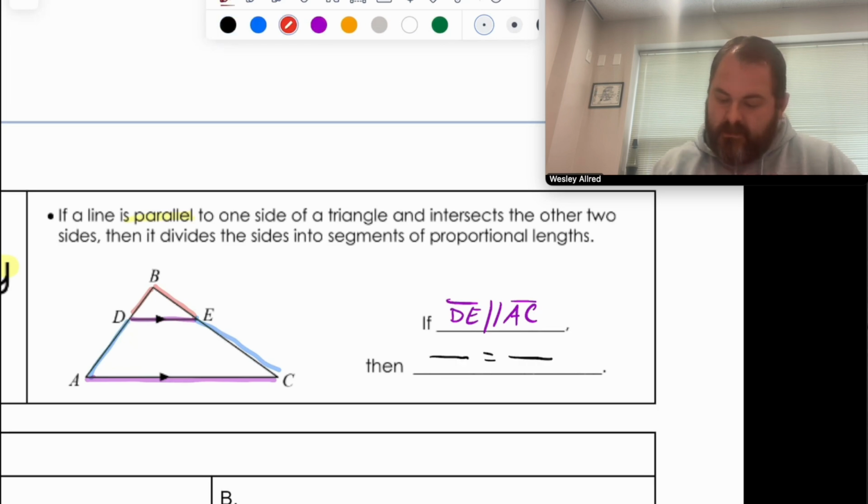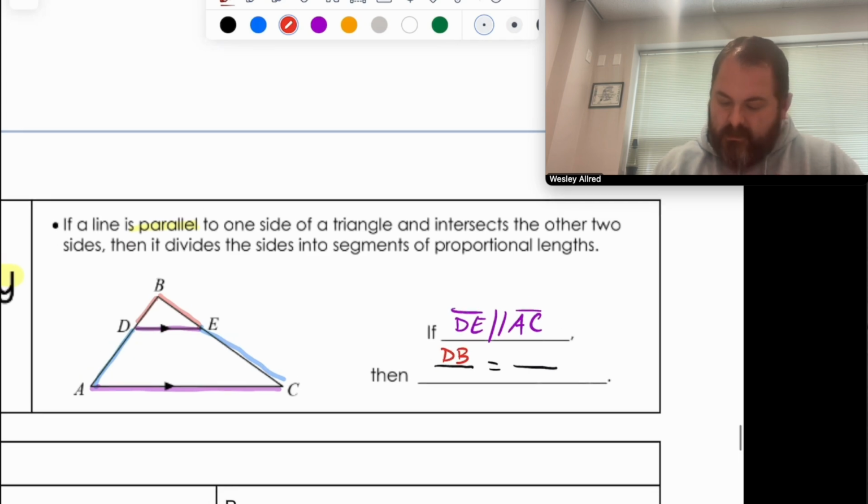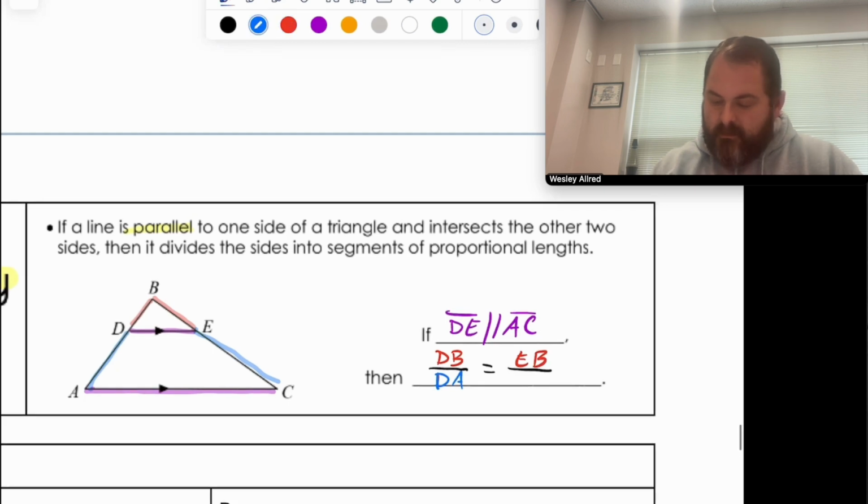That means the ratio of DB to DA has got to be equal to the ratio of EB to EC.